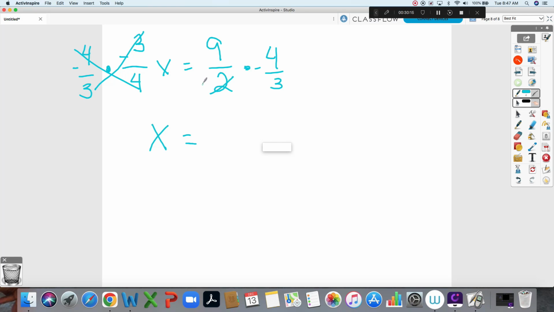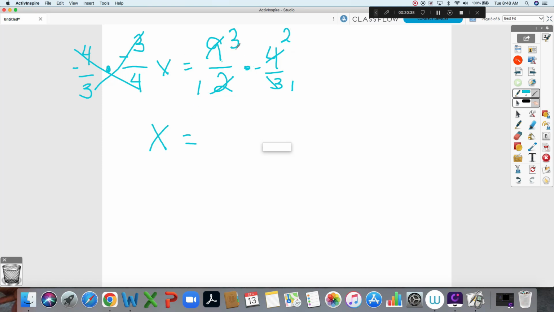The 2 becomes a what? And the 4 becomes a 2. Mikey, is there anything else I can cross cancel out of this fraction? The 9 and the 3. The 3 becomes a what? 1. And the 9 becomes a 3. 9 divided by 3 is 3.